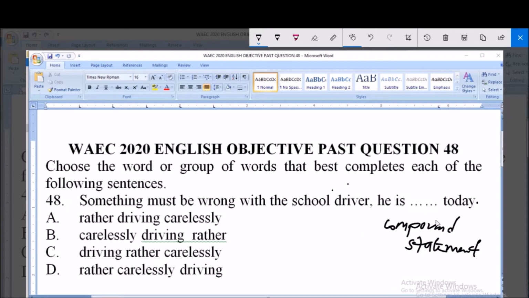He is dashed today. Option A, rather driving carelessly. B, carelessly driving rather. C, driving rather carelessly. Option D, rather carelessly driving.